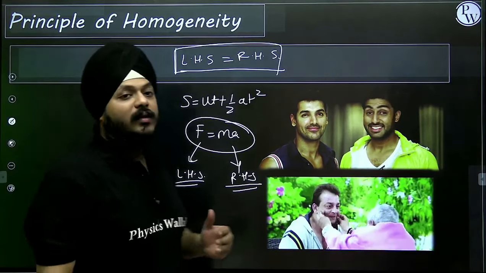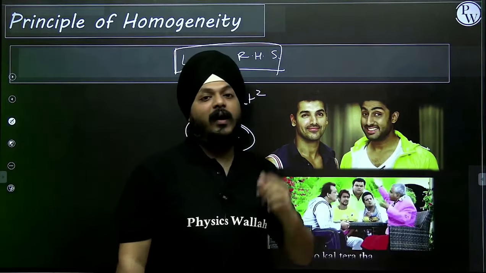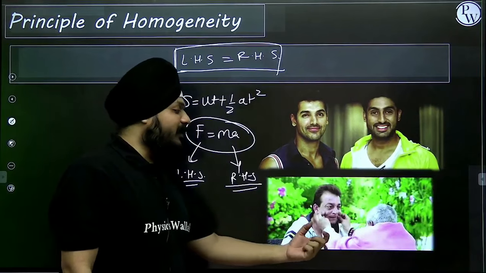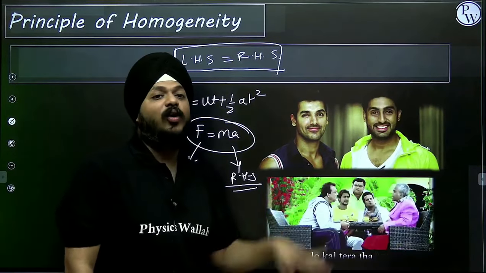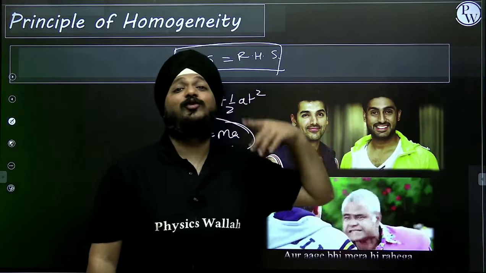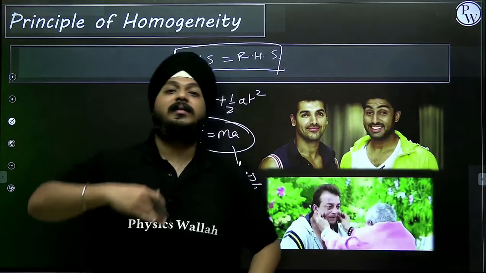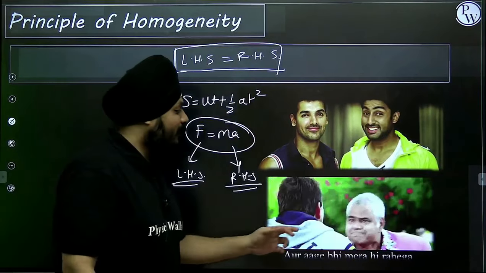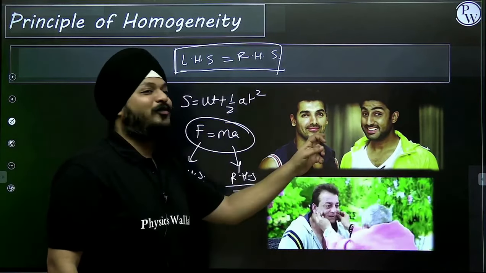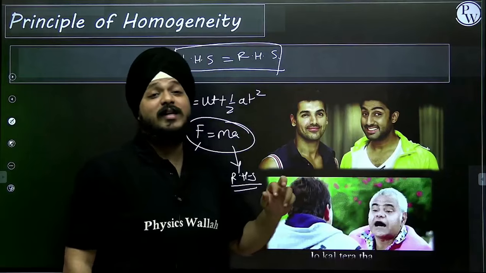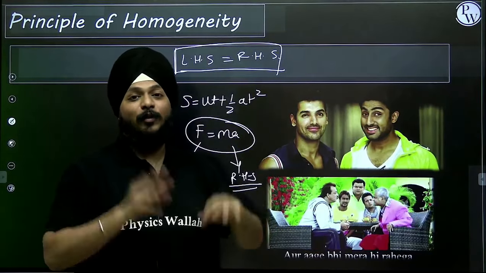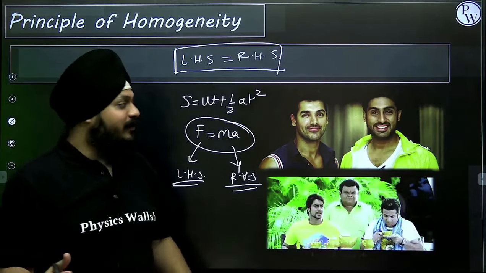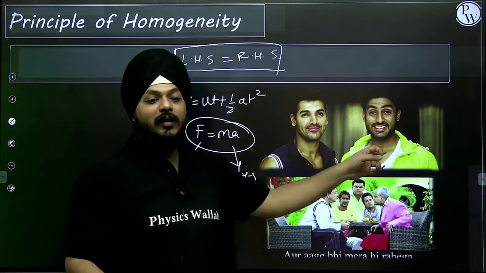Now, why did I keep this example in front? If you've seen this ad, there is one dialogue: जो तेरा है वो मेरा है. The things on the left side are equivalent to the things on the right side. Principle of homogeneity.